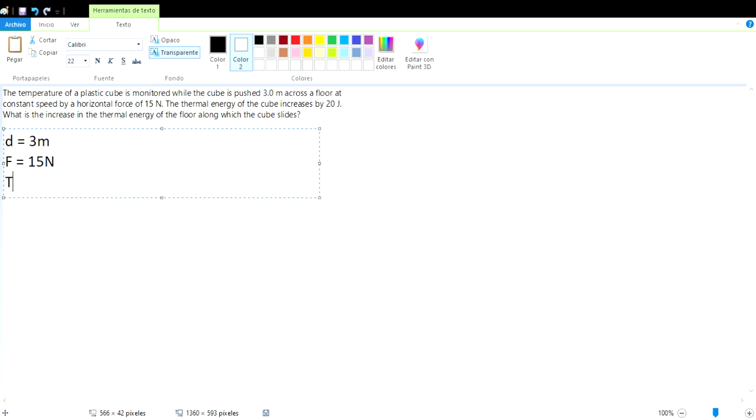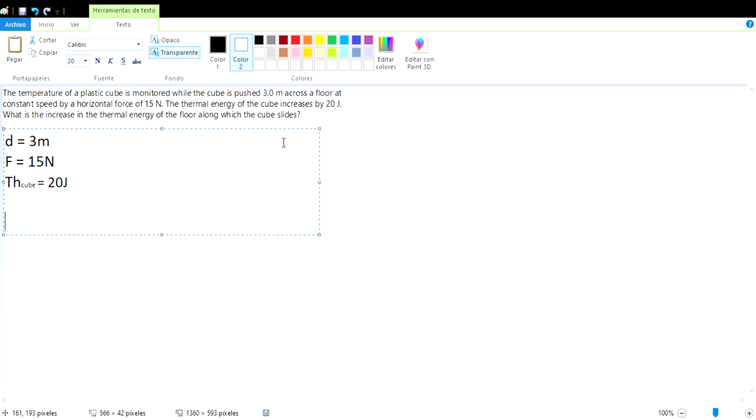And the difference of the thermal energy of the cube is 20 joules. We're only going to consider the speed because it's constant. So we have all the data here.